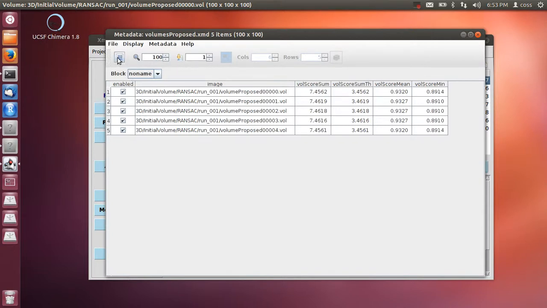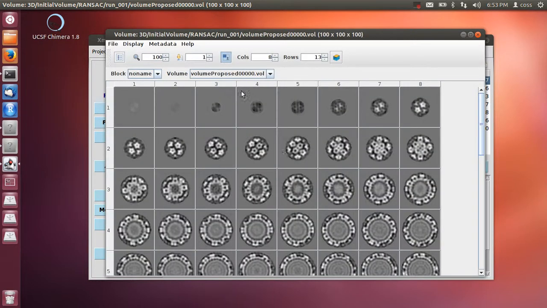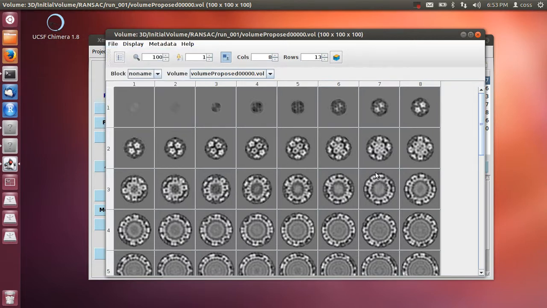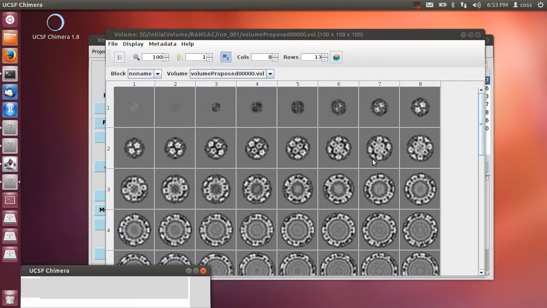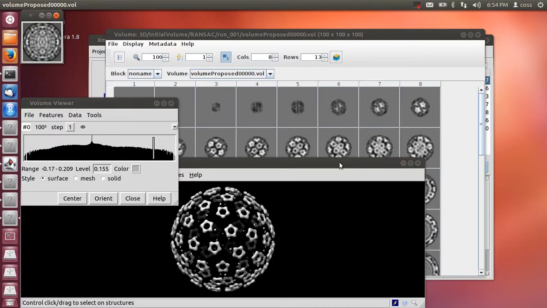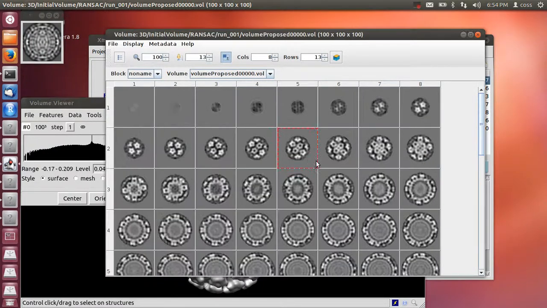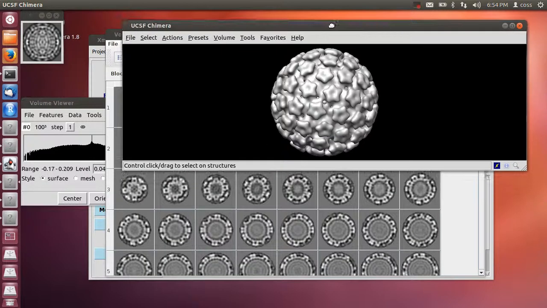Okay, so let's say we want to see one of these volumes. Let's say just the first one, and we can open it with Chimera. So now we are opening it with Chimera.